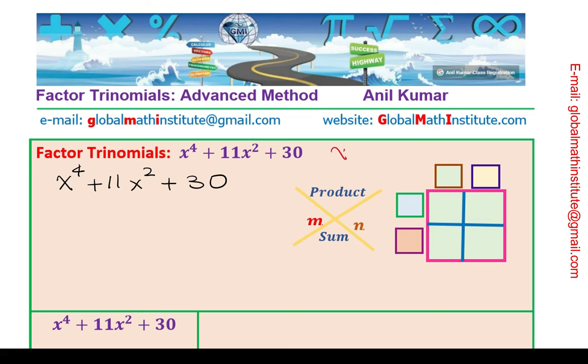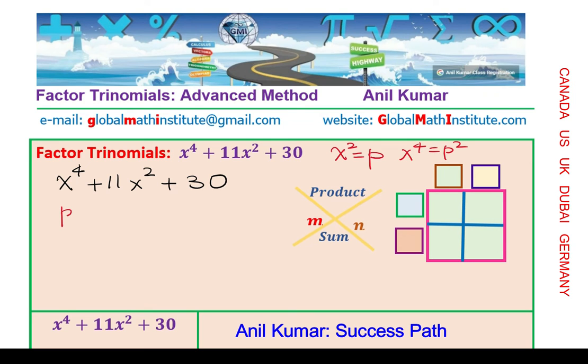Think like this, let x square be equal to p, then x to the power of 4 will be p square. Makes sense, right? So I could write this as p square plus 11p plus 30. Now that becomes a very simple case where the leading coefficient a is just 1. And for this particular method, product and sum is the best way of doing it.